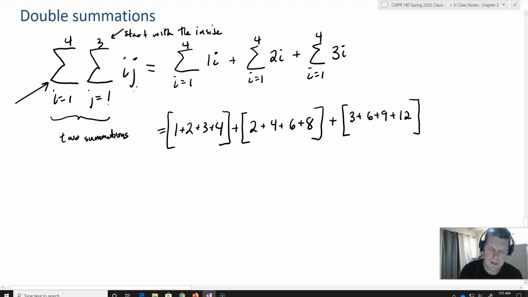Okay, so you'll notice that we've taken that outer summation with the new sequence that incorporates all of our values for j. So this one is 10, plus 20, plus 30, which equals 60. And there you go.